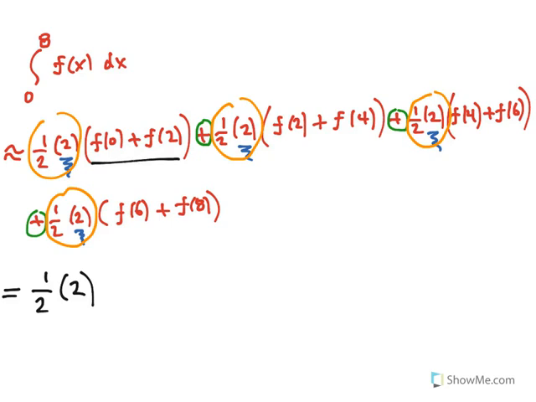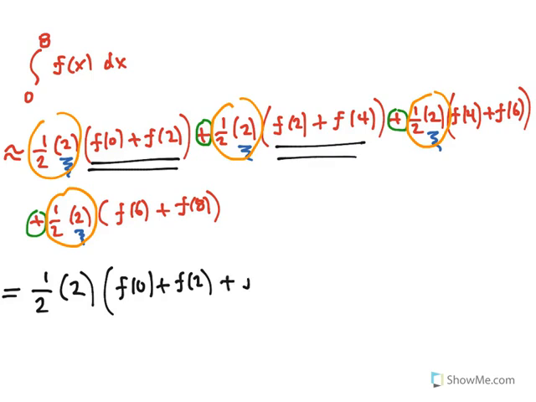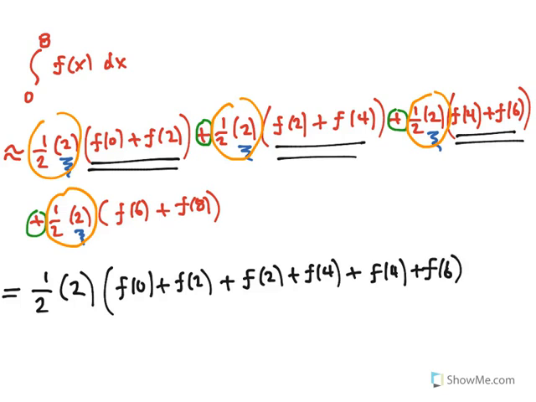Well, from the first term, which is the area of the first trapezoid, I'm left with f of 0 plus f of 2. And from the second term, which is the area of the second trapezoid, I'm left with f of 2 plus f of 4. And from the third term, which is the area of the third trapezoid, I'm left with f of 4 plus f of 6.